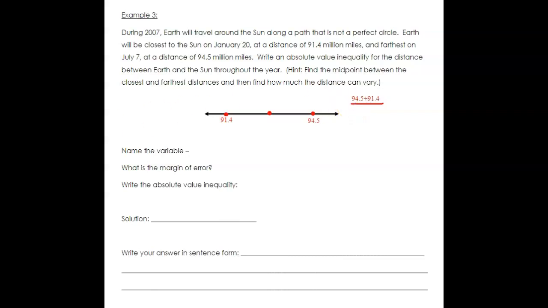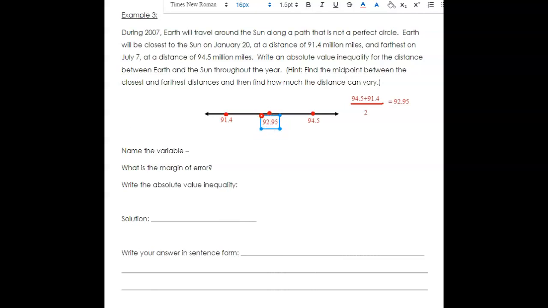If I divide it by 2, you're welcome to get out a calculator and do that math, but that's going to equal 92.95. And of course this is in millions of miles. So 92.95 is that halfway point right in the middle.